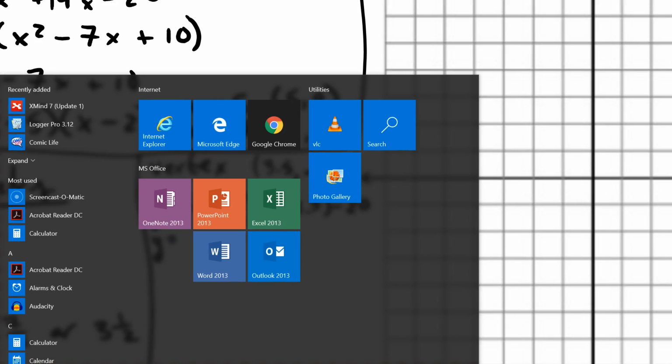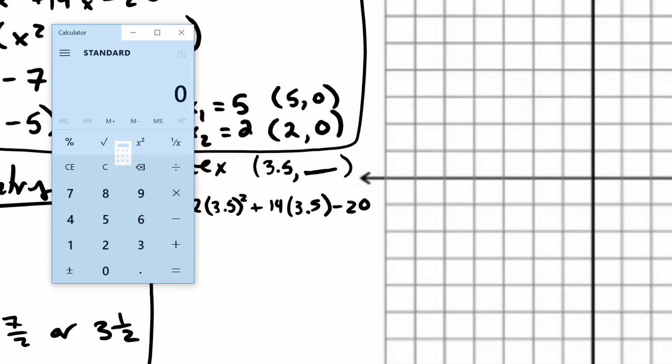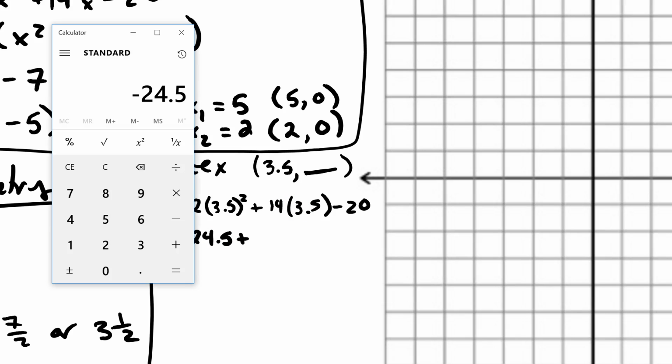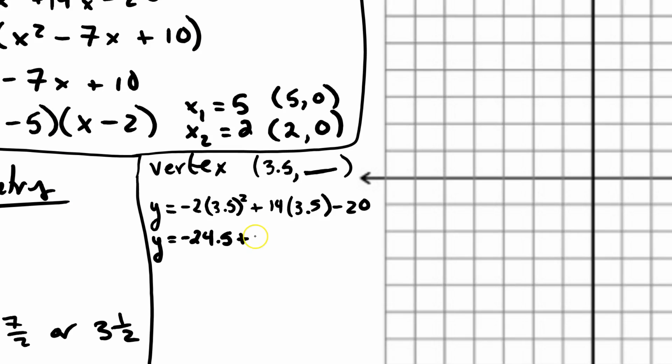Okay. So I'm going to grab my handy dandy calculator. 3.5 squared is 12.25, times negative 2, so that's negative 24.5. Plus 14 times 3.5, which is 49, so negative 24.5 plus 49 minus 20.